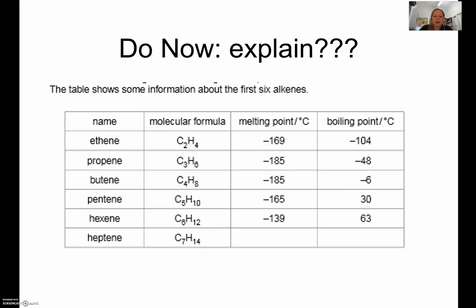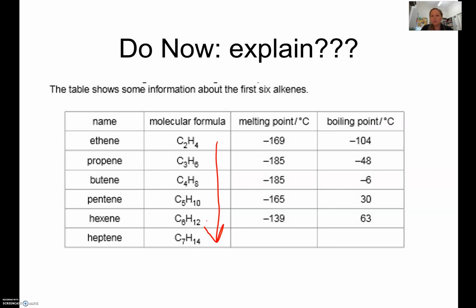So here are some formula of the first 6 alkenes. And it shows the melting and boiling point, and I'd really love you to pause this video and describe this trend. Okay, so now I'm going to go through this with you. Hopefully you can see that as the structure gets bigger, the melting and boiling points go up.